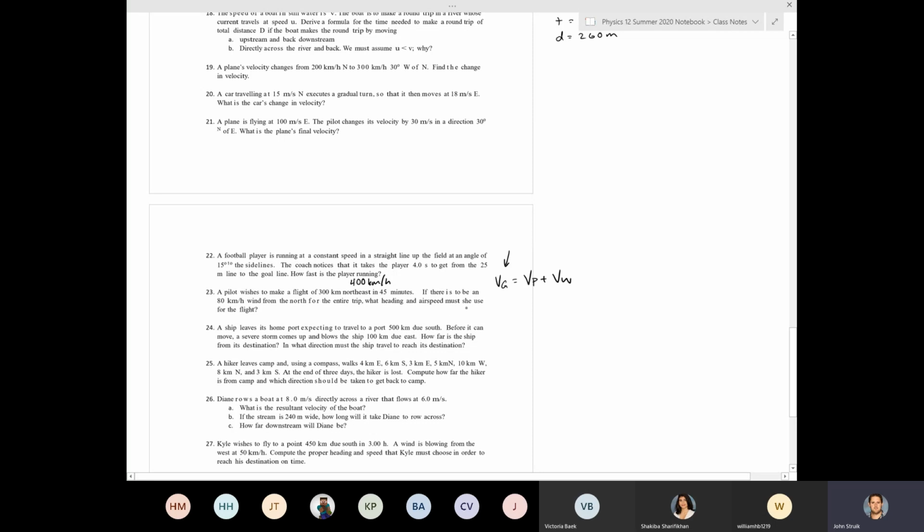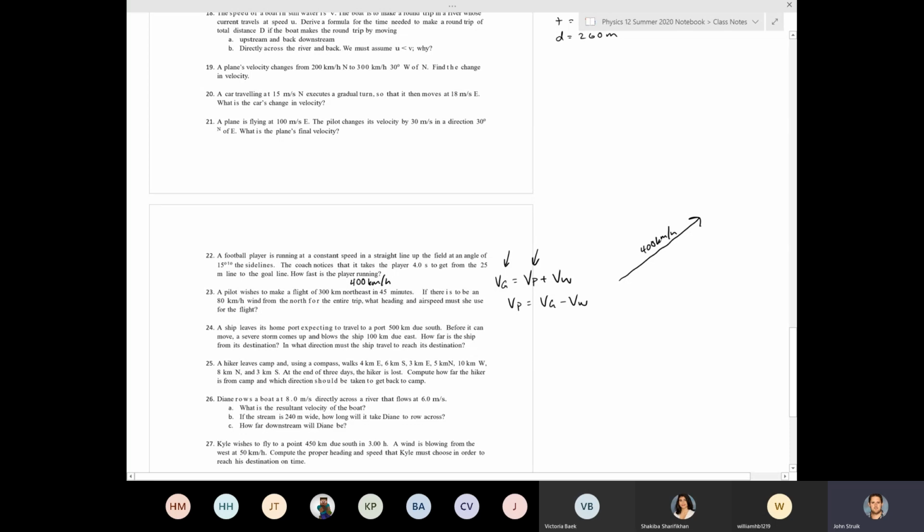And so we want to know what heading and airspeed must she use. So we want to find VP using VG and VW. So VP would equal VG minus VW. The velocity of the ground, which is what she wants to make happen, is 400 kilometers per hour, and then minus the wind.